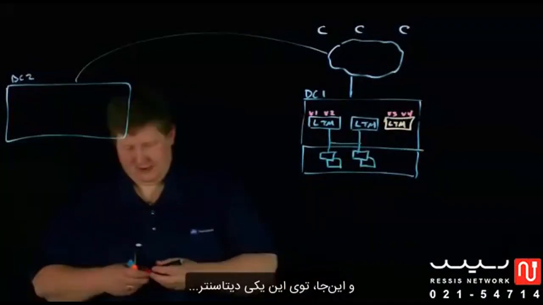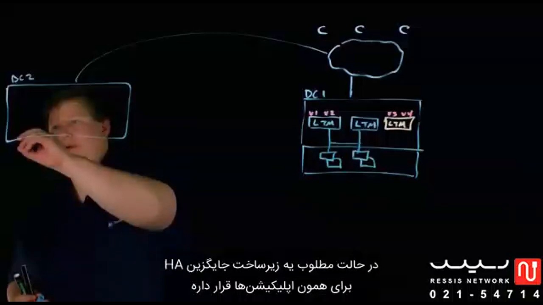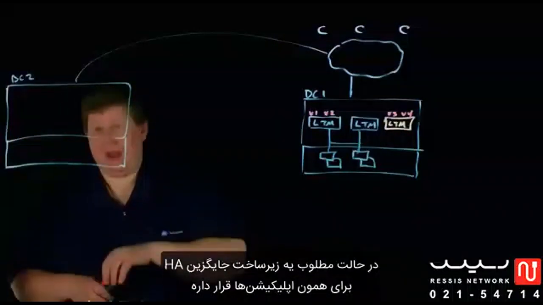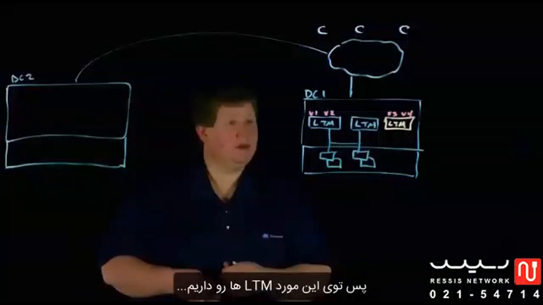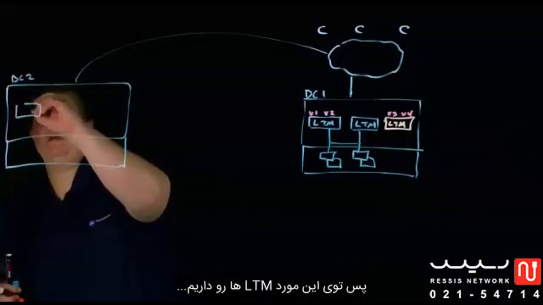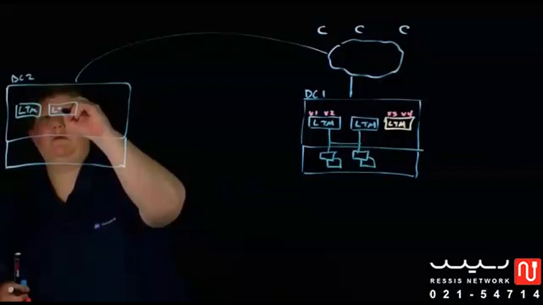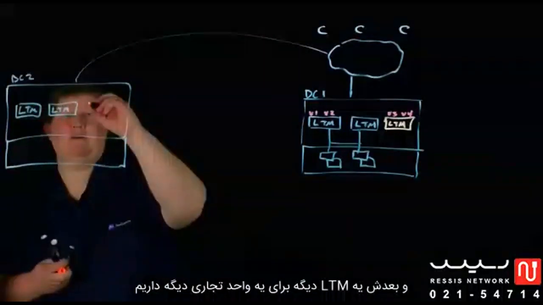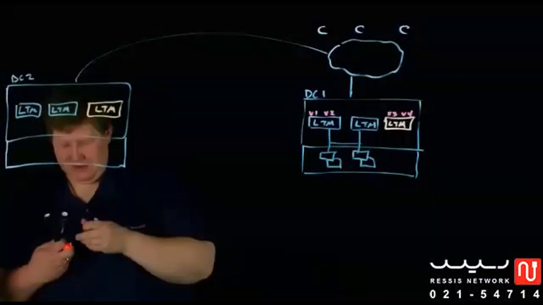And over here in this other data center would be hopefully at least a highly available experience for those same apps. So in this case, we have an LTM, and then we have another LTM for a different business unit, and just assume this one also is an HA.